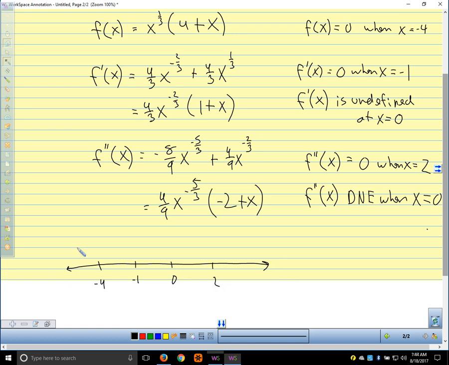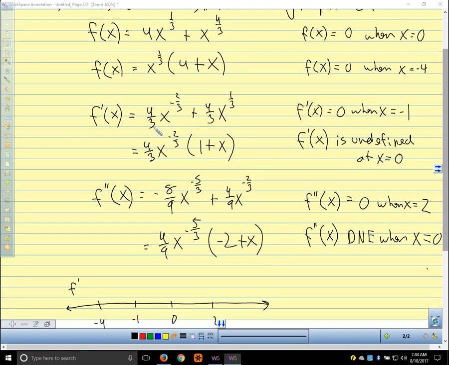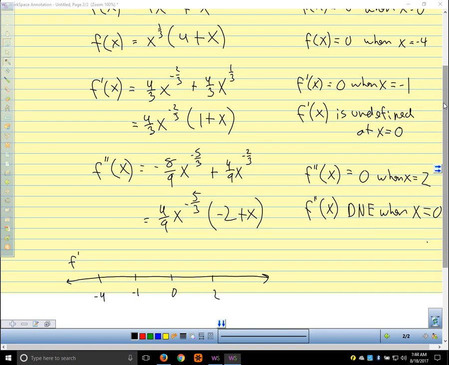So over here, this is just the way I do it. You don't have to do it this way. F prime. Positive or negative? Let's look up here. This is F prime. Positive or negative when x is smaller than -4?